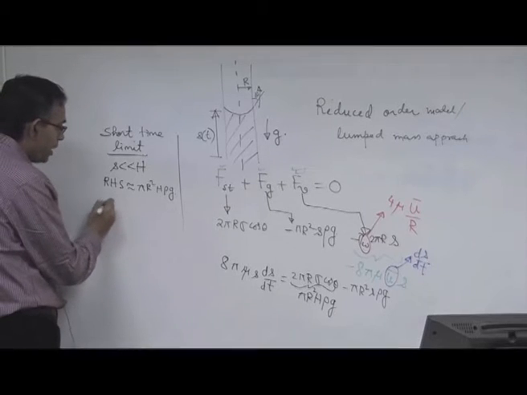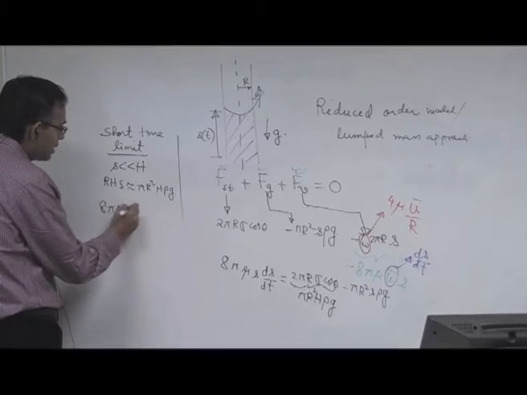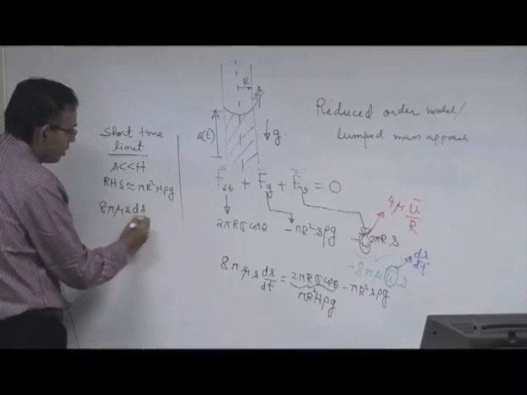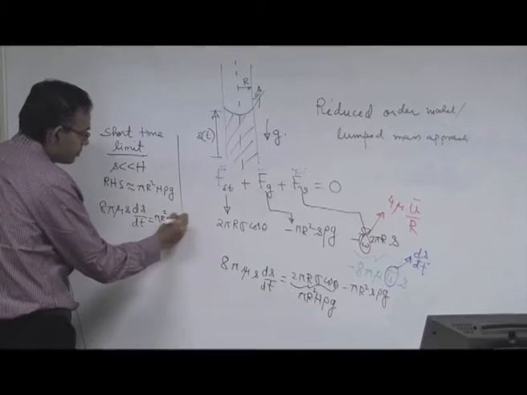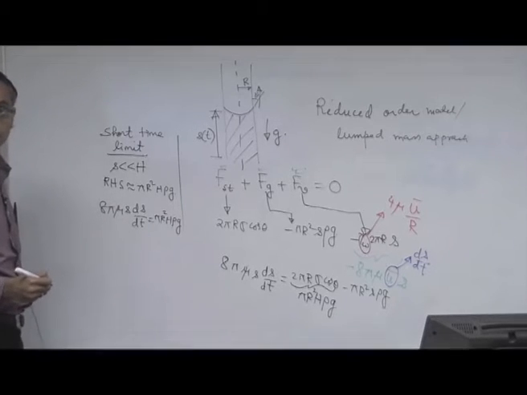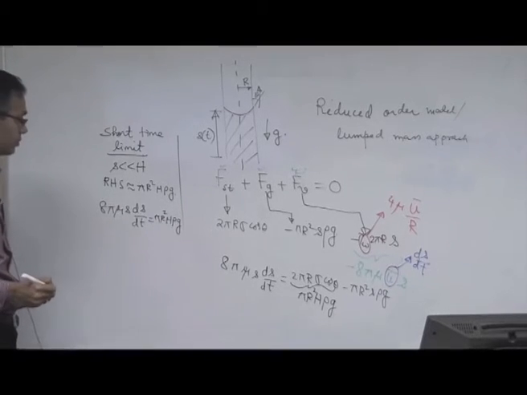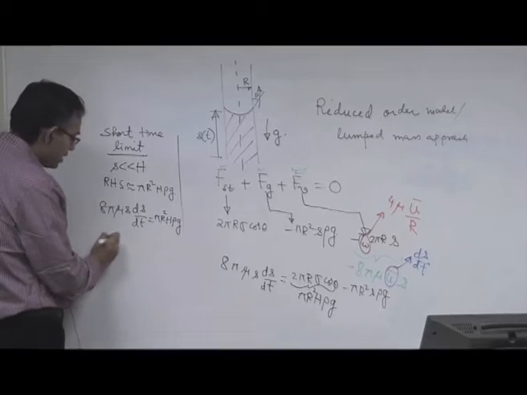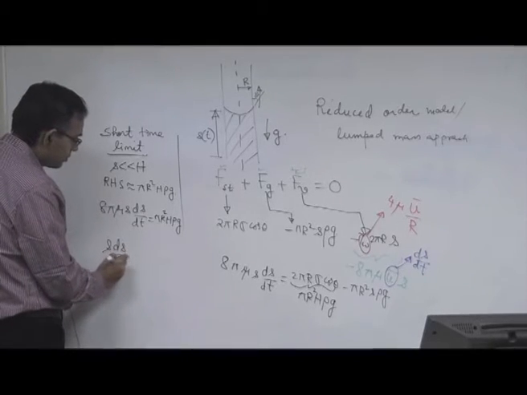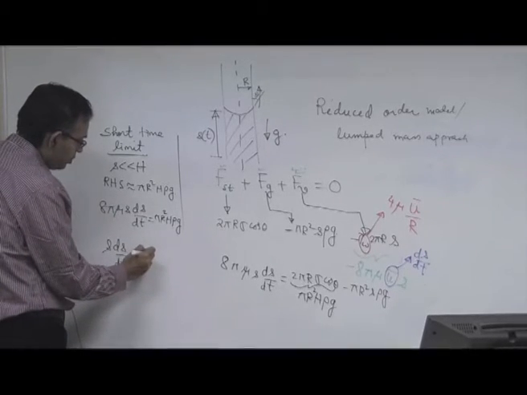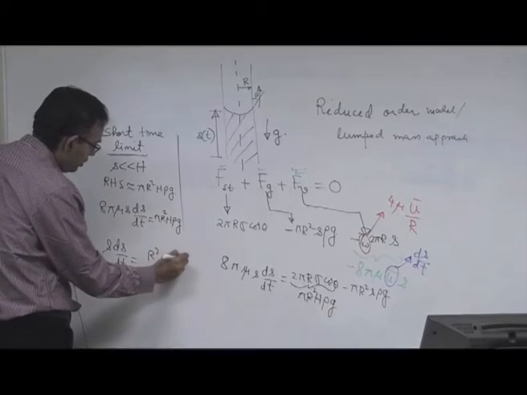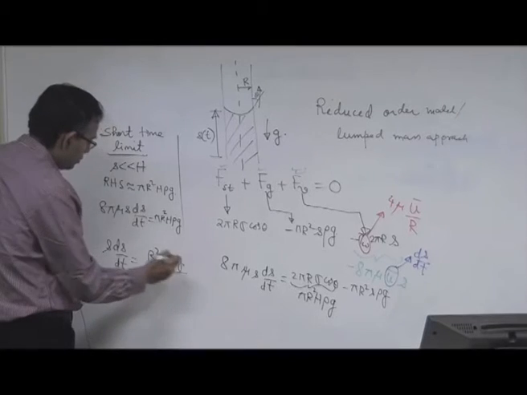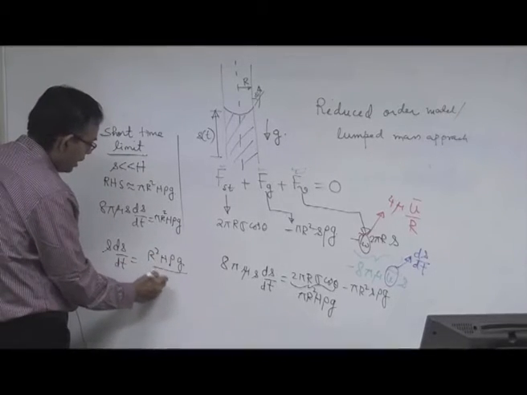So, 8 pi mu s ds dt is equal to pi r square H rho g. Okay. So, s ds dt is equal to r square H rho g by 8 mu.